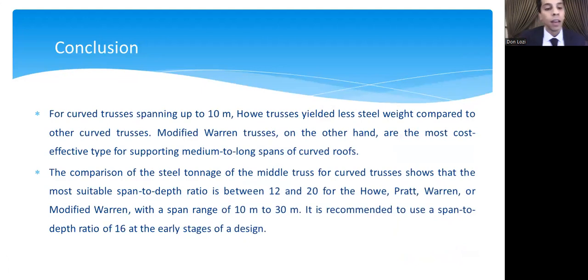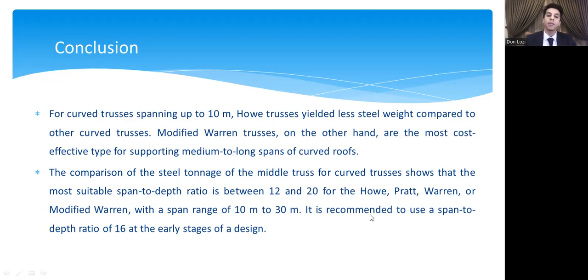Conclusions. We found that curved trusses spanning up to 10 meters, whose trusses yielded less steel weight compared to other curved trusses. Modified Warren trusses, on the other hand, are the most cost-effective type for supporting medium to long spans of curved roofs.